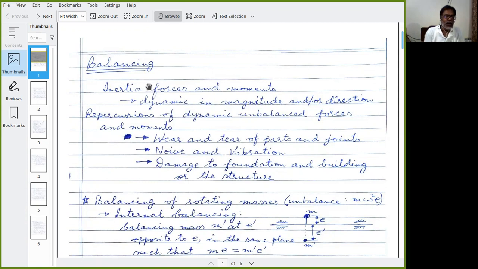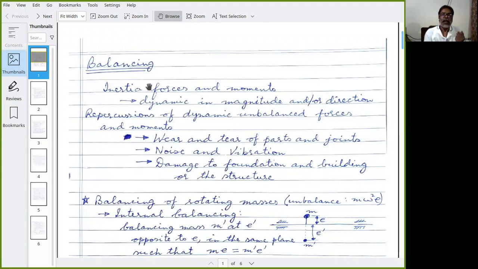So the other way to look at it is that if links of the mechanism move with accelerations, then whether in reaction to those forces you consider this body giving forces to other links which ultimately get transmitted to the foundation, or you see the corresponding inertia force and the inertia moment, minus m into acceleration of the CG and minus J into angular acceleration of the body.